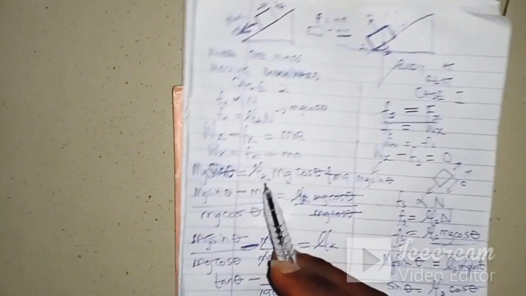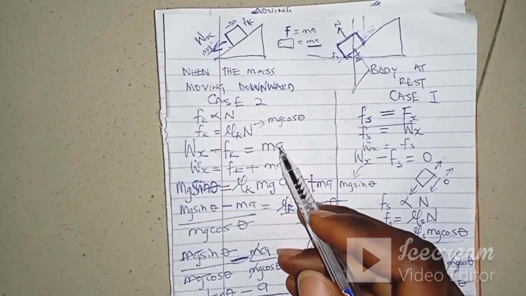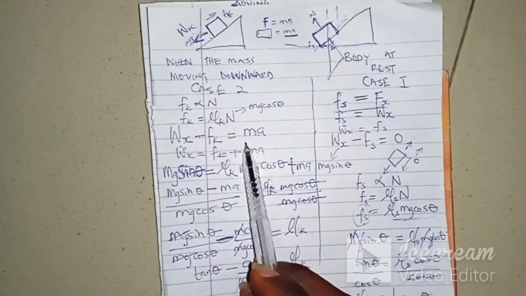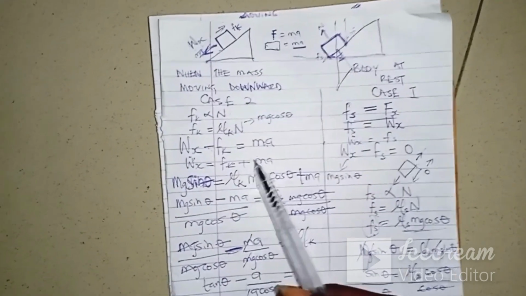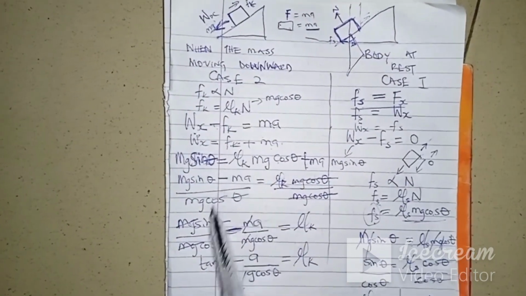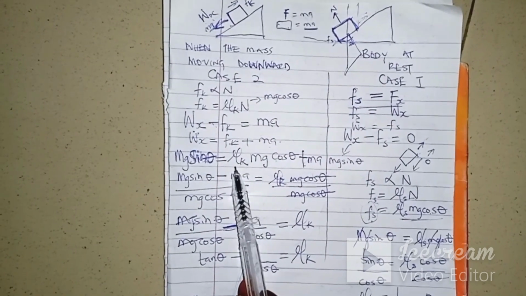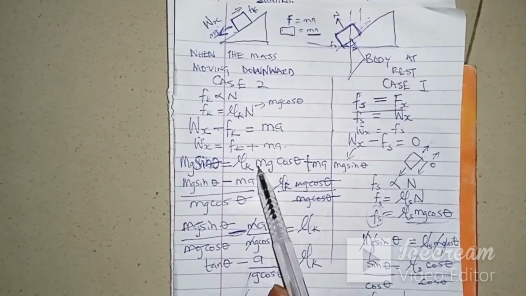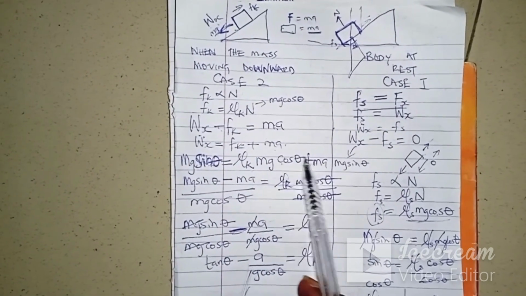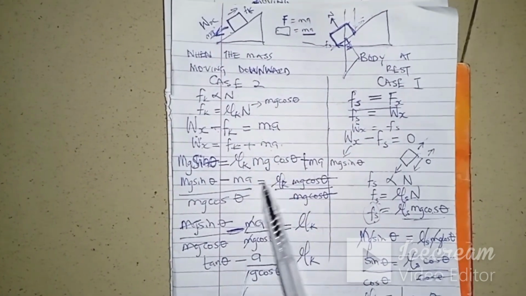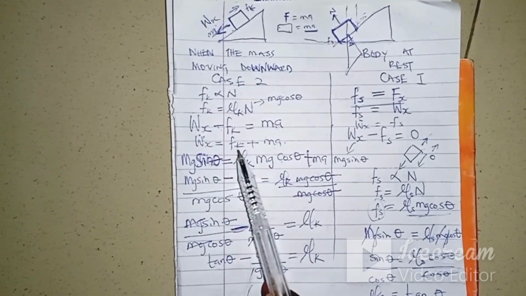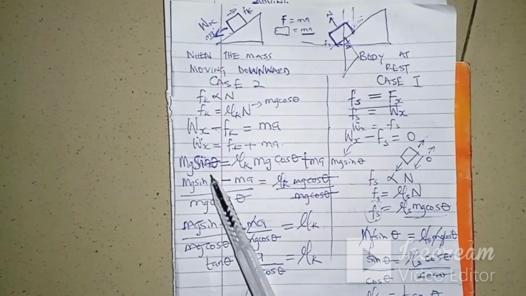Let's check if we are correct. We have ma here, equal to this. So this came over, and you can see that when it came over, we now have everything here.